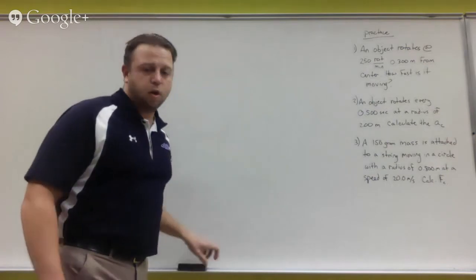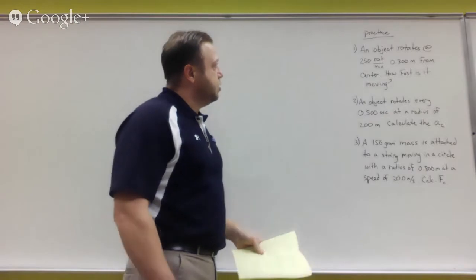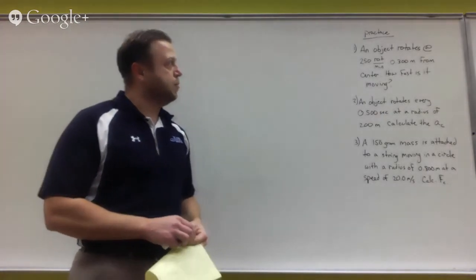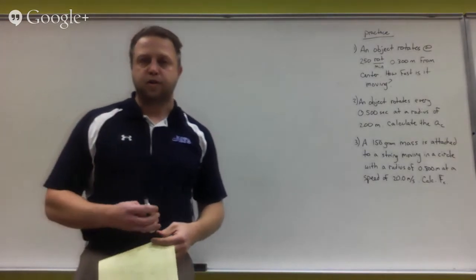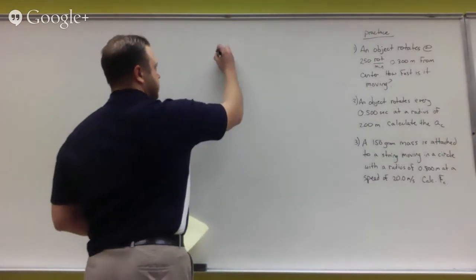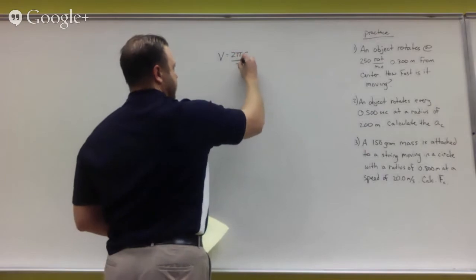All right, so let's look at the first practice problem here. We have an object that rotates at 250 rotations per minute, 0.3 meters from the center. All we want to know is how fast it's going to be moving. We have 2 ways that we can solve for this.